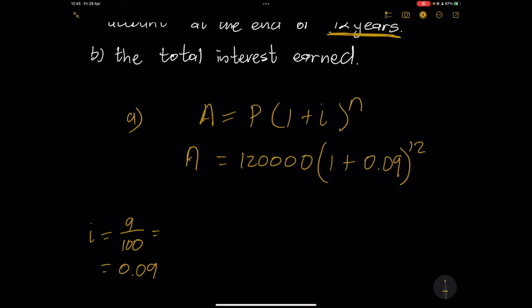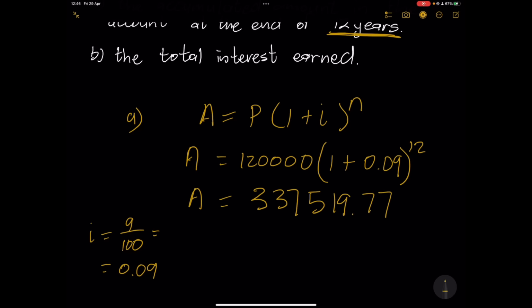And of course, you're going to put this in your calculator: 120,000, which would be 1 plus 0.09 to the power of 12. Okay, and I get an amount of 337,519 rands and 77 cents.